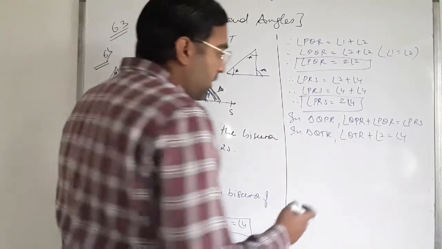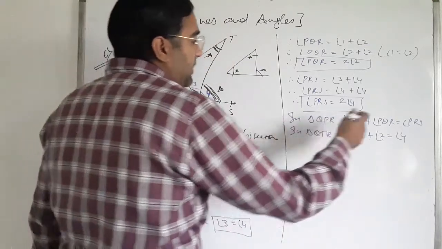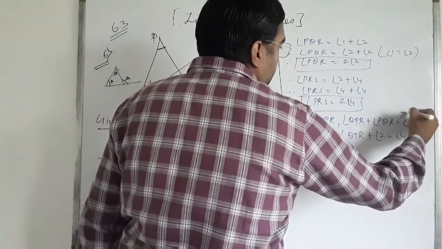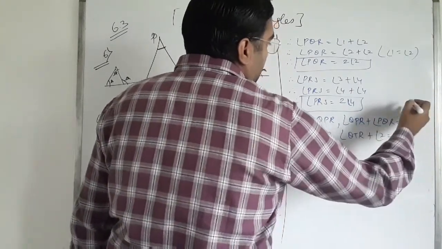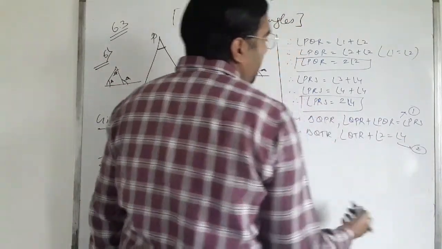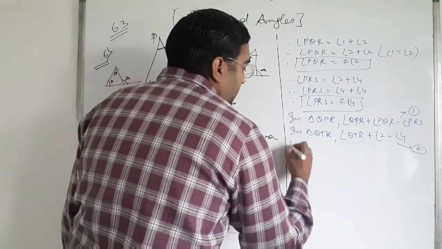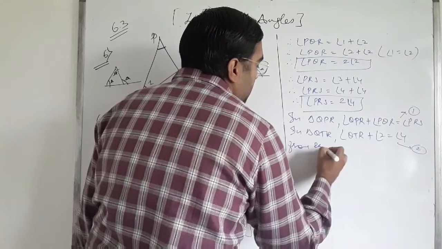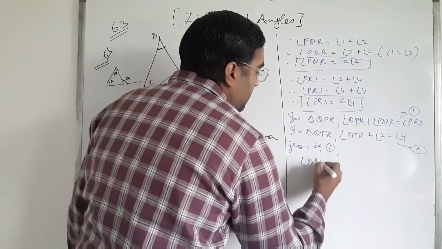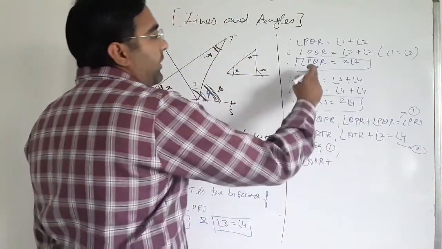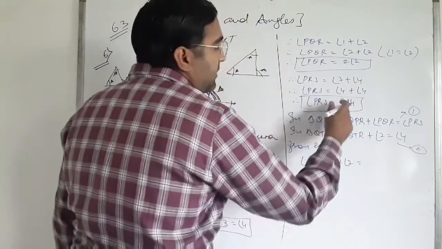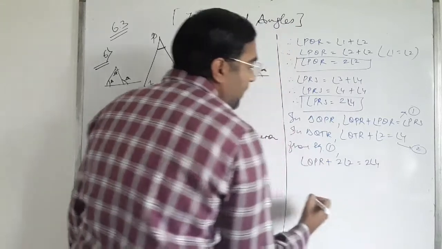Now we have to take this first equation and call it equation 2. So from equation 1 we can see that QPR plus PQR is 2 times angle 2 is equal to PR, which is 2 times angle 4.